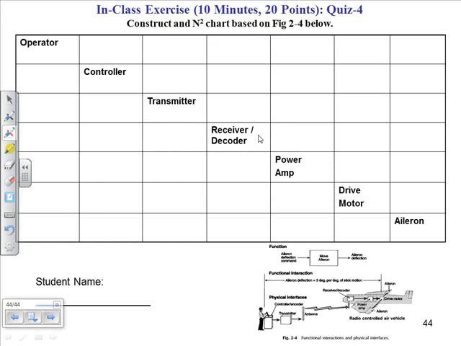And so we can understand this system better by constructing an n-squared chart. And I selected entities for the n-squared chart, which I think are important to capture what's going on in the system. And I want you to basically fill in the blanks.